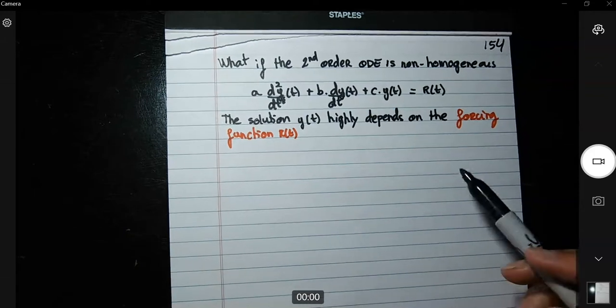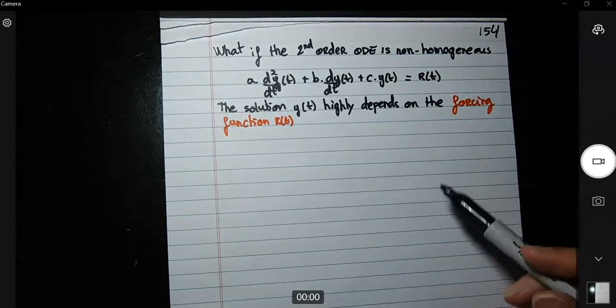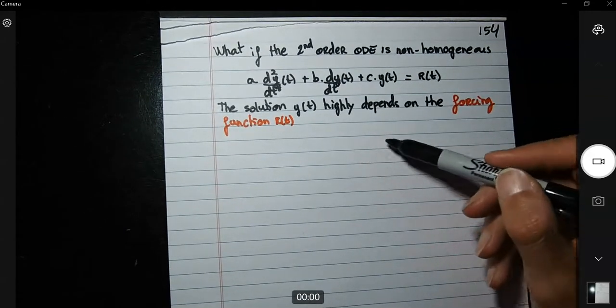So when taking vibration, you're probably working with two blocks connected by springs.